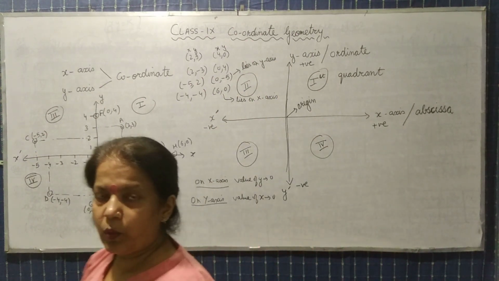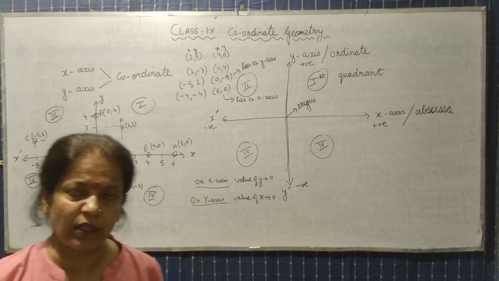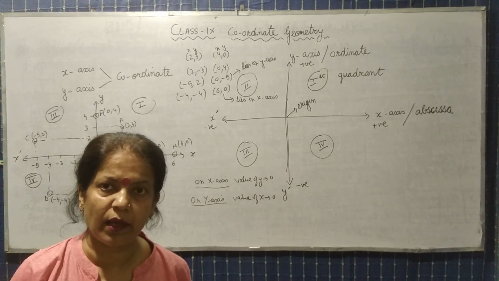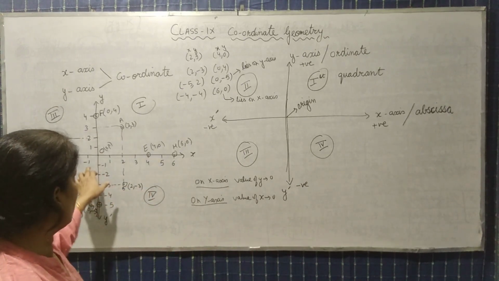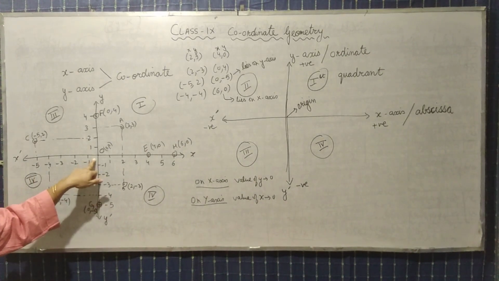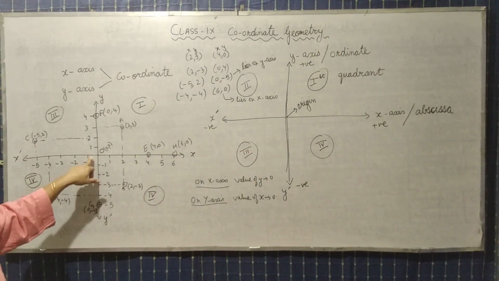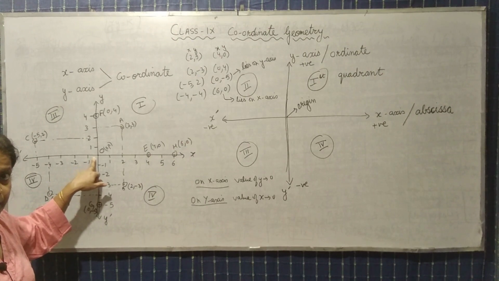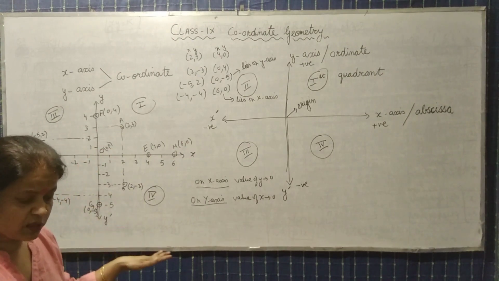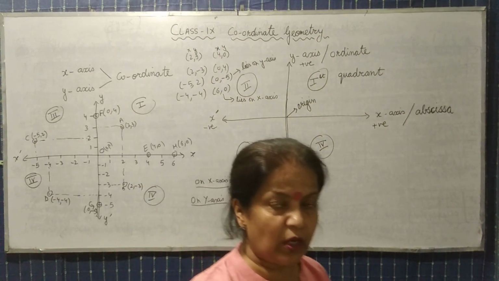Is it clear? And what about 0, 0? In which quadrant does it lie? 0, 0 lies on the origin. It does not lie on any axis. It lies on the origin. Is it clear?